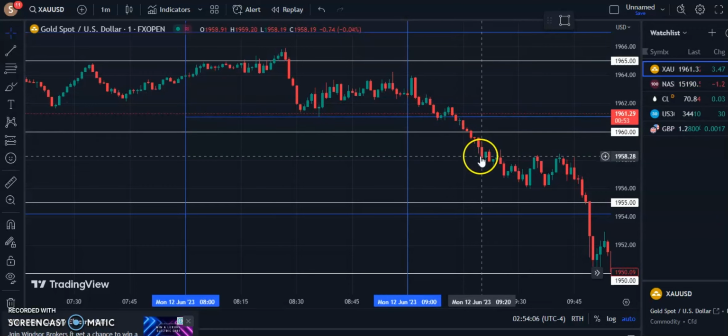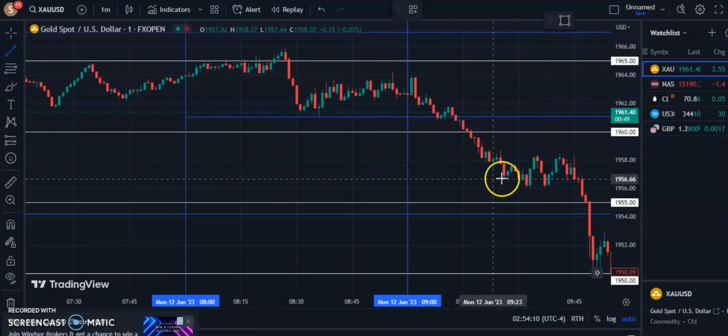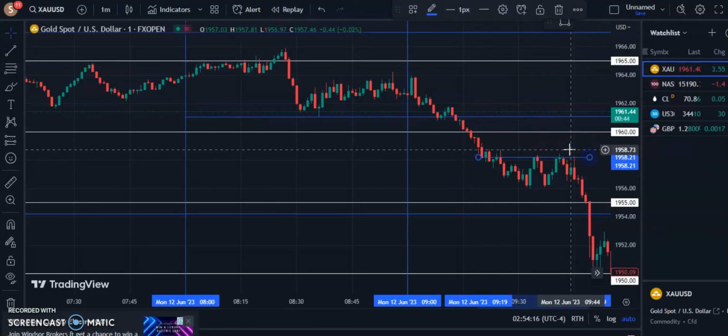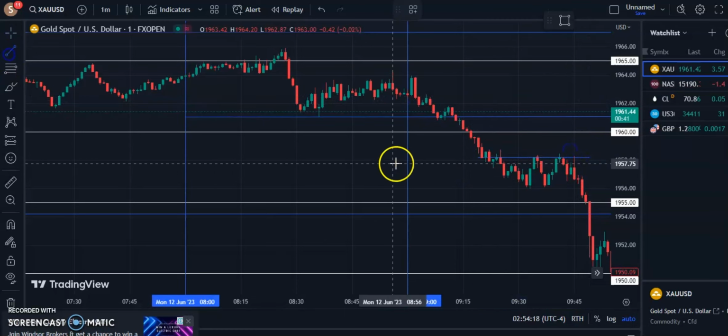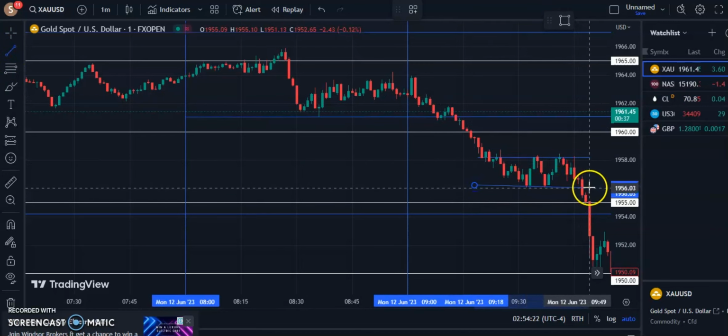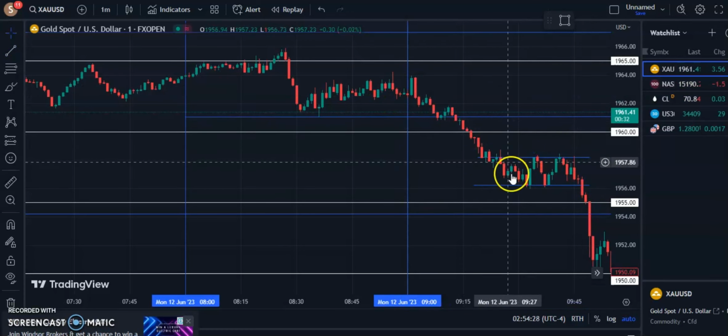So we have this market continuing to drop down and then consolidates. We have this consolidation here. When I see a consolidation, that is when I know the market is about to get ripe. All right, so look at this.